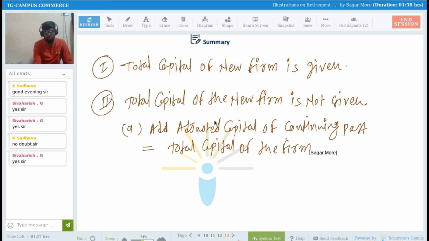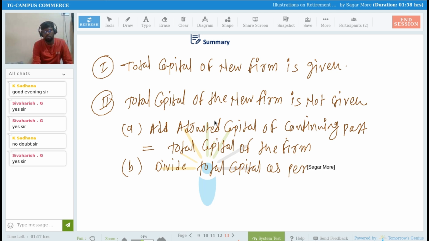It is nothing but total capital of the firm. And step number B, we have to divide total capital as per new profit sharing ratio. Simple.